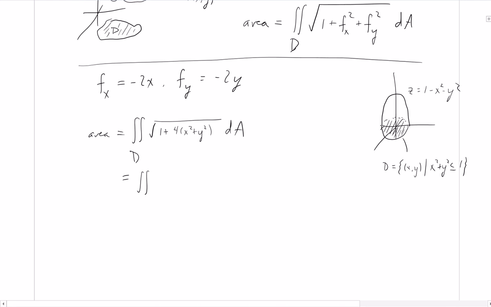So in polar coordinates, the region D goes from 0 to 2 pi for theta, and 0 to 1 for r. And again, x squared plus y squared just becomes r squared, and dA becomes r d theta dr. There's no theta in this function, so the first integral is easy. It just gives us a factor of 2 pi.